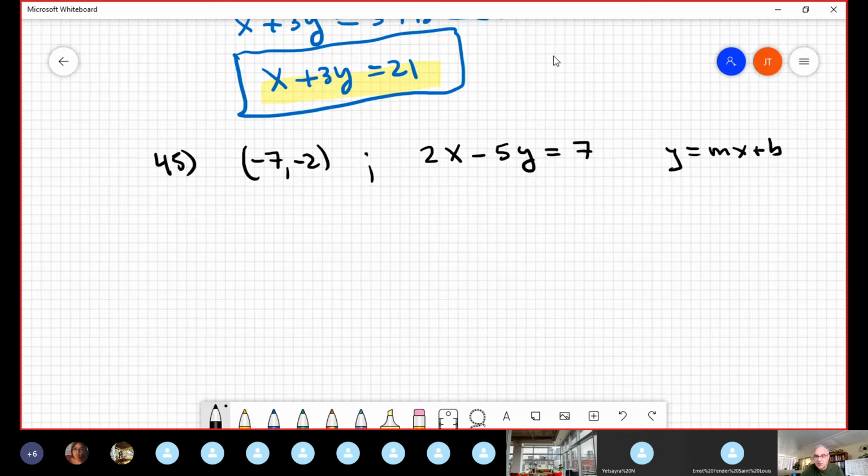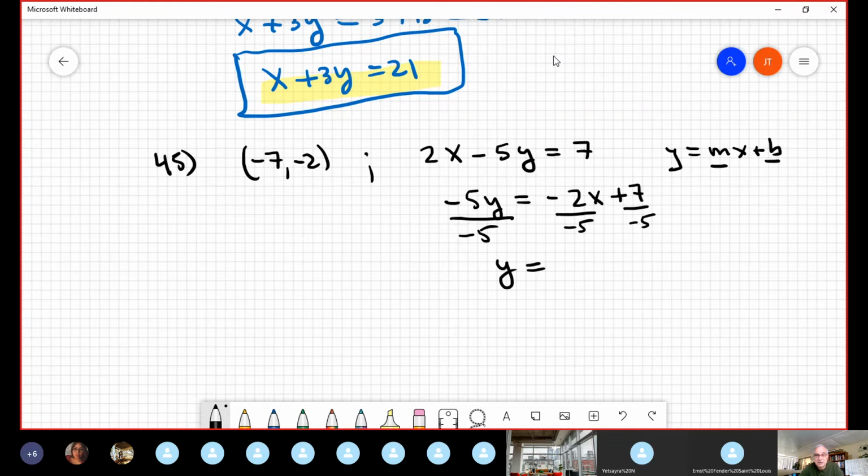So the name of this, remember, is slope-intercept form. And this is standard form, not good to see the slope. However, you solve for y. Divided by negative 5, y isolated, nice.